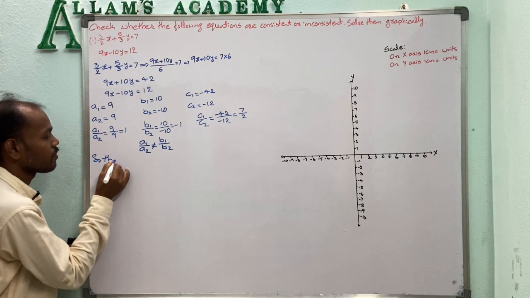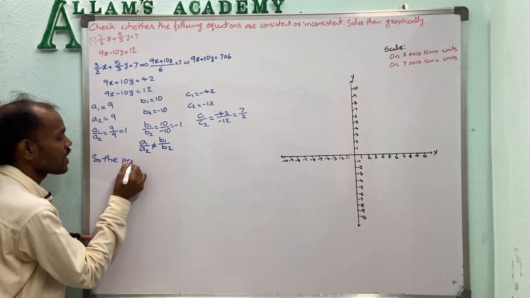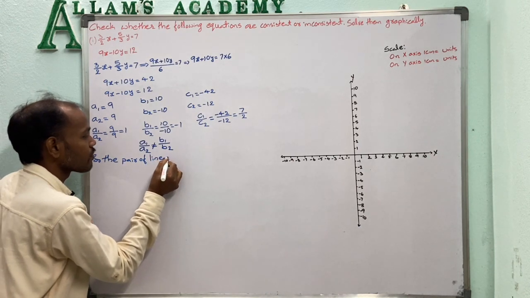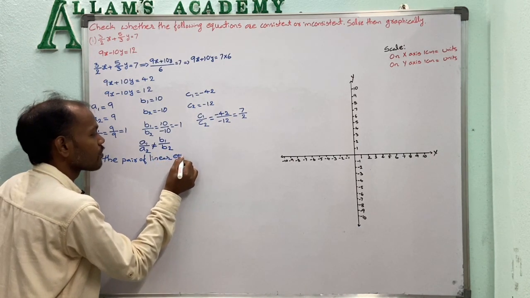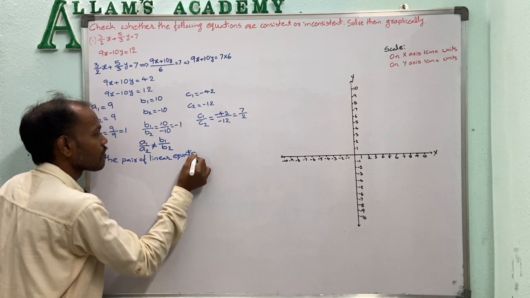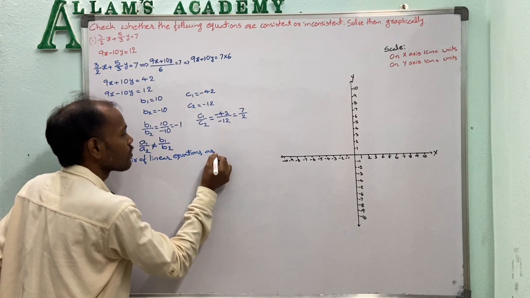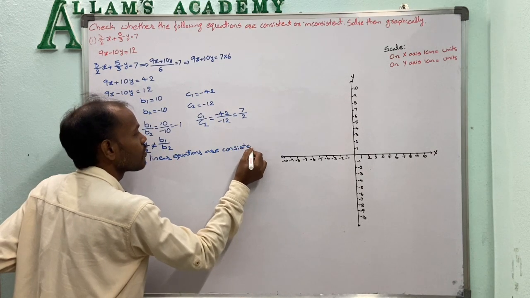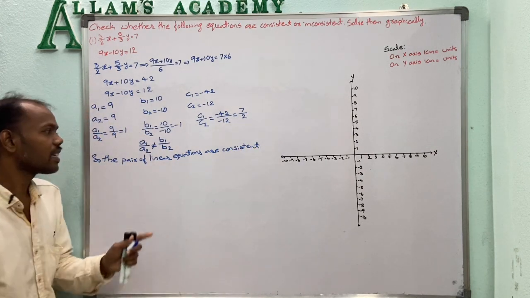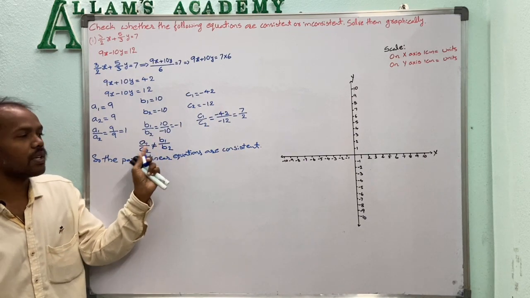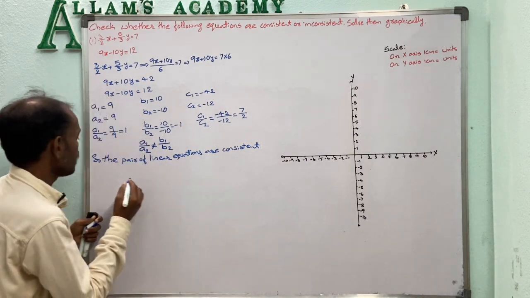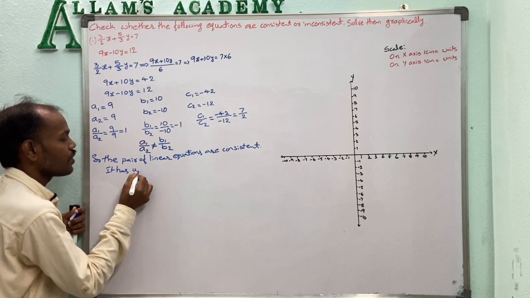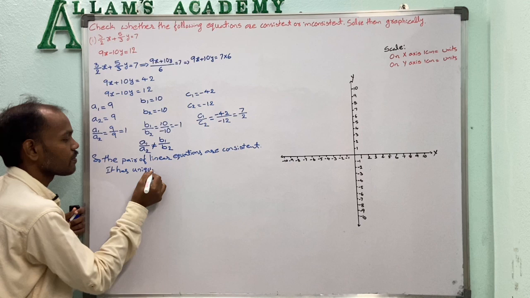So the pair of linear equations is consistent, and here a1 by a2 is not equal to b1 by b2, so it has a unique solution.